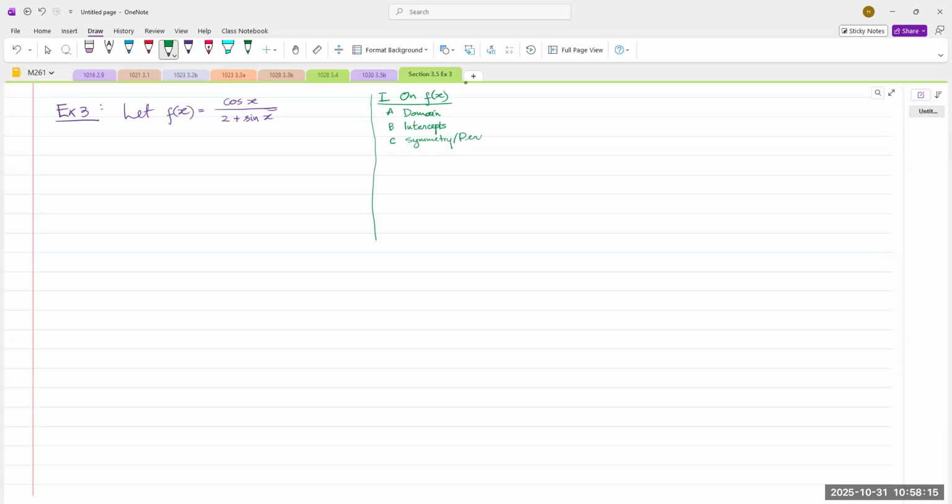In this case, we know we have a period because it's trigonometric. Okay, and then part D, we look for the asymptotes.